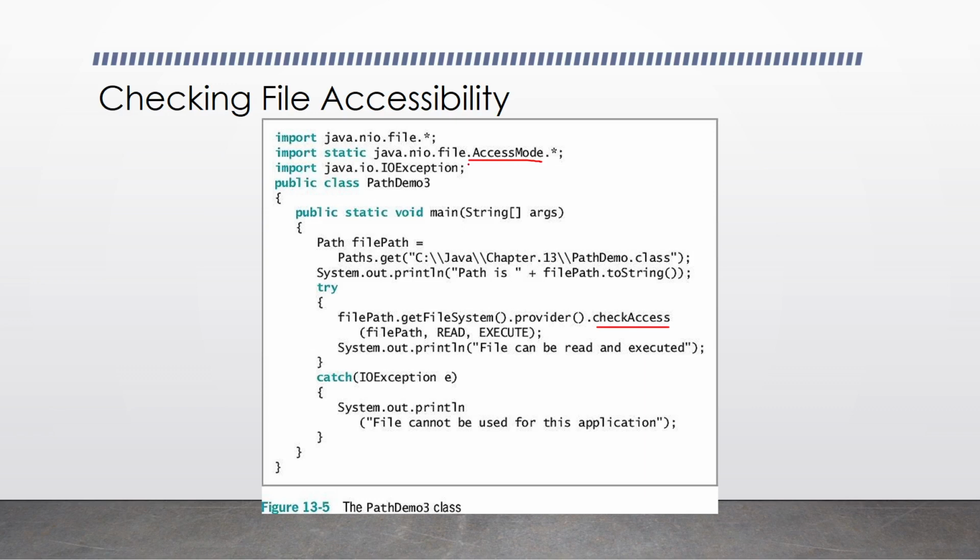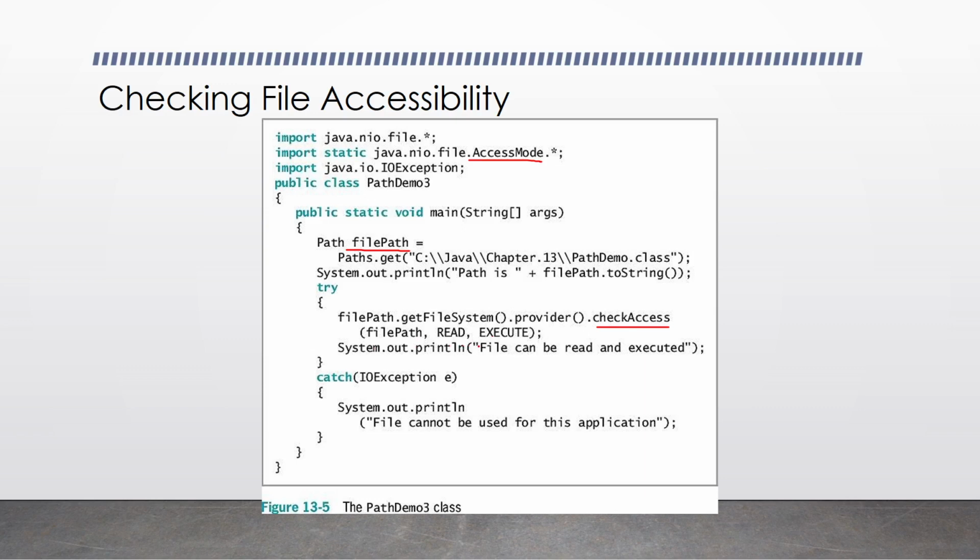And let's assume that we have declared a path named filePath to check the access. So we need to use this one, filePath.getFileSystem().provider().checkAccess, with the arguments filePath, READ, and EXECUTE.